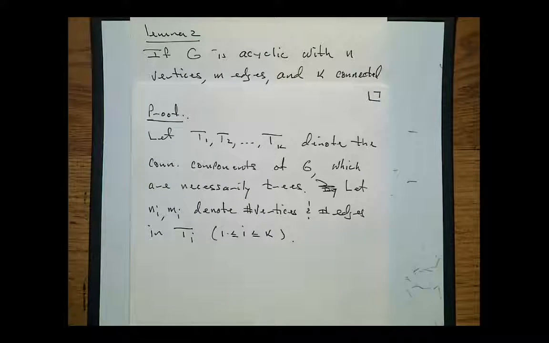So Ni is the number of vertices in the ith component. Mi is the number of edges in the ith component.